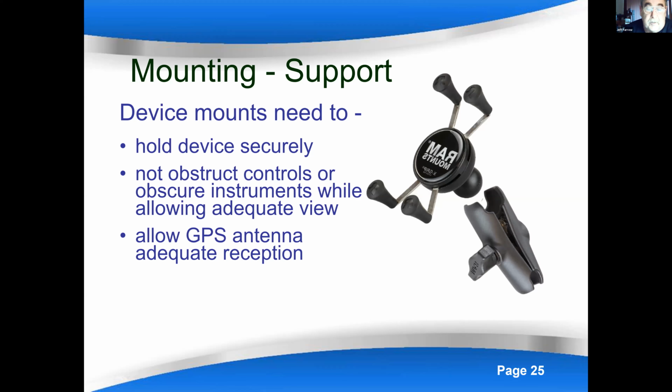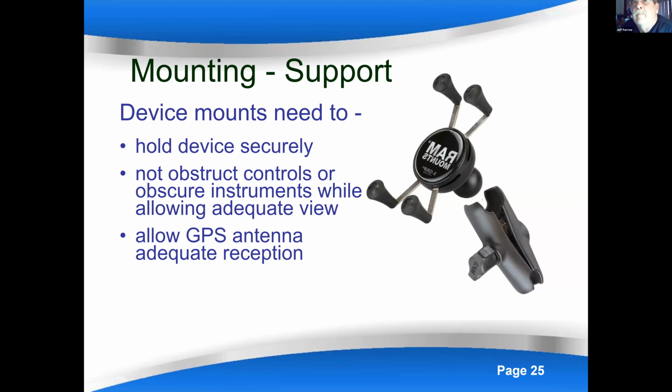The features that you need, it needs to be able to mount the device fairly securely, but at the same time protected against some of the bouncing around that goes on with the takeoff run and all the rest of it. The RAM mount has a bit of a rubber ball which acts as a bit of shock absorbency.